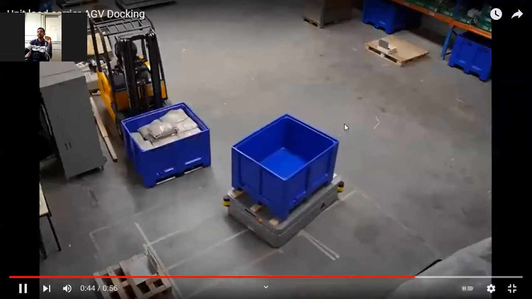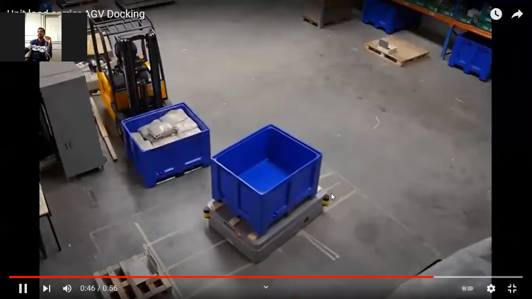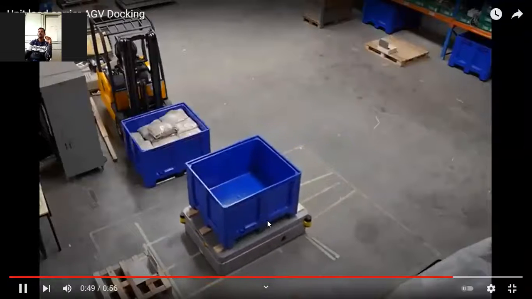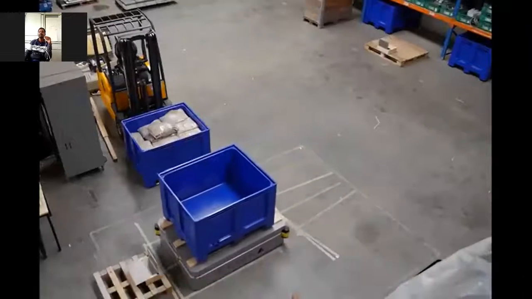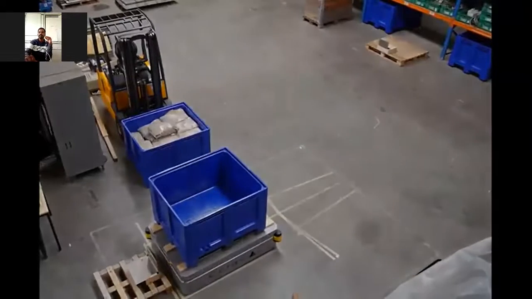You can see here, it moves first here, second, third, according to the program given by the user.